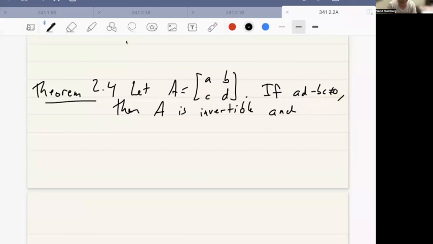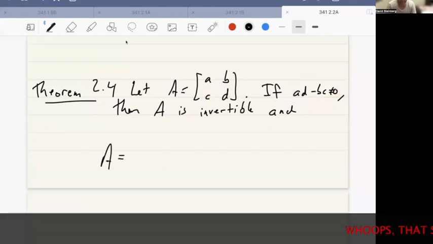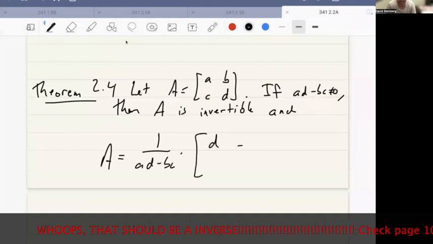A inverse has to be equal to 1 over this number, AD minus BC, times the matrix D, -B, -C, A.